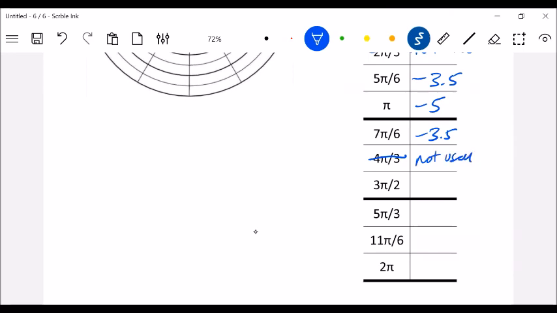Not used. Okay, I'll write that one better. 3 pi over 2 is 0. 5 pi over 3 is not used. 11 pi over 6 is a 3.5, and 2 pi is 5.